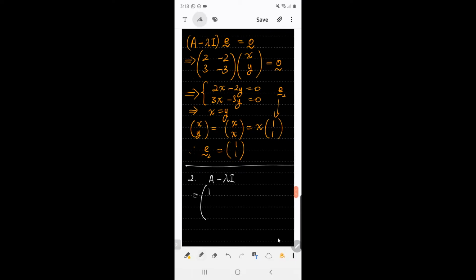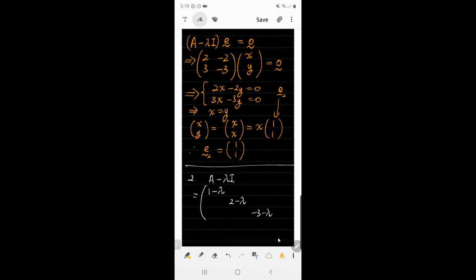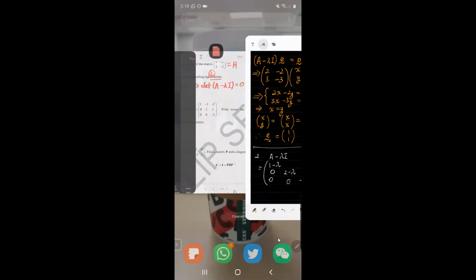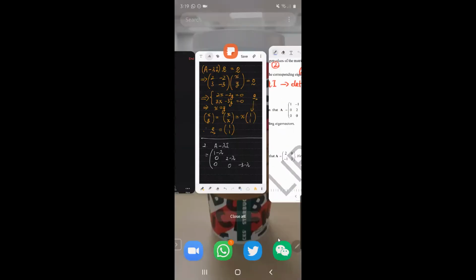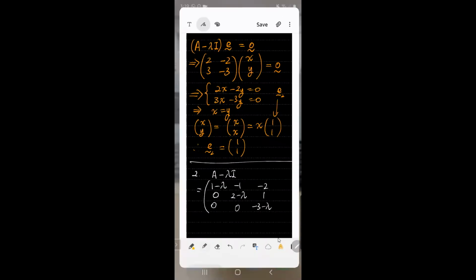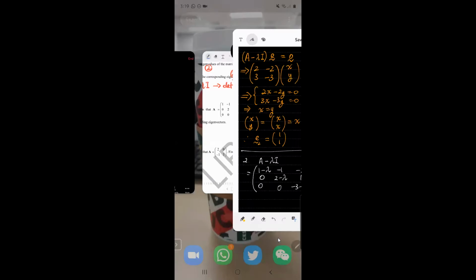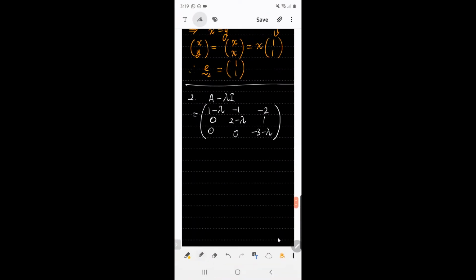You have 1, 2, negative 3. So I always write down the diagonal elements first lah. So I know that this one is 0, 0, 0. Okay. Then after that, you have negative 1, negative 2, first column. Then after that, this is 1, right? Okay. So I want to find the determinant of A minus lambda I.